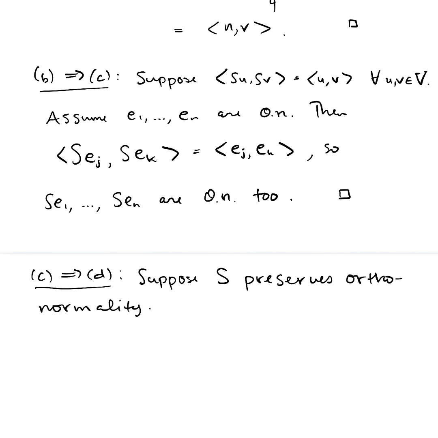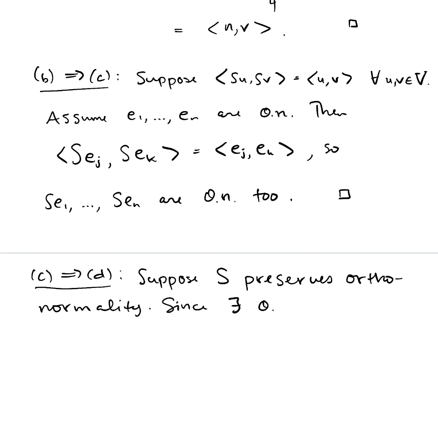In other words, if E1 through En are orthonormal, then S of E1 through S of En will be orthonormal also. And what we're trying to argue is that there exists an orthonormal basis such that when you apply S to it, the result is still orthonormal.